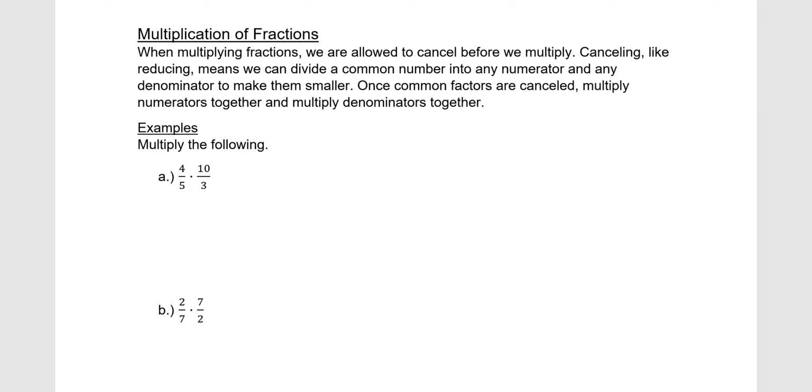So once we cancel these common factors, then we can multiply the numerators together and multiply the denominators together. So doing the canceling before we multiply will mean we don't have to reduce after we multiply. It'll make the numbers smaller for us. And keep in mind, you do not need common denominators when we're multiplying or dividing fractions.